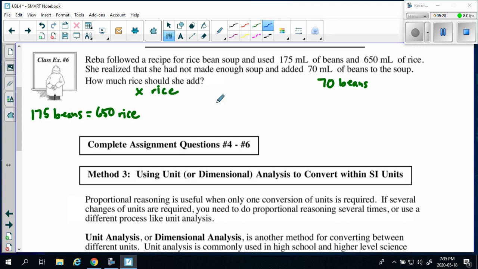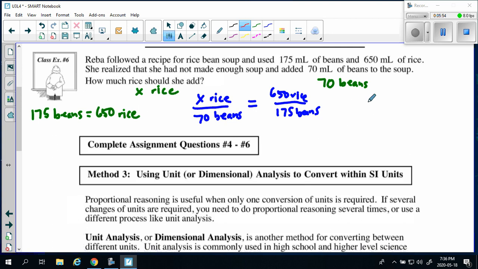If we want to set this up with x in the top because it's more convenient, we're going to put x amount of rice in the top and 70 beans in the bottom, because that's the amount I added on. Then we're going to use a proportion and set up another fraction. Make sure the rice is in the top as well this time: 650 rice over 175 beans. I've put in the units so that you can see that I've set it up correctly, rice in the top, beans in the bottom.